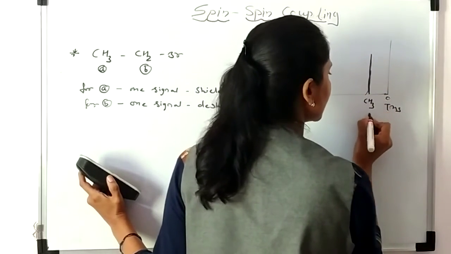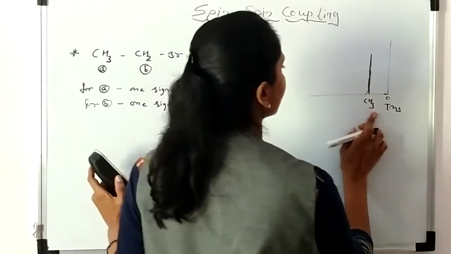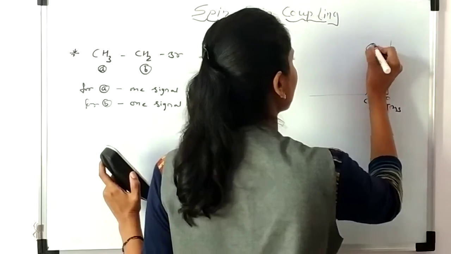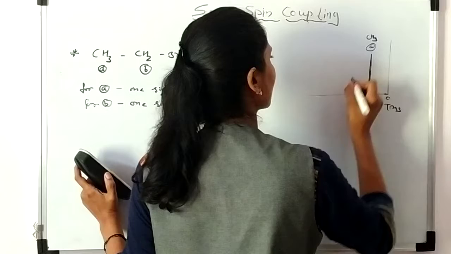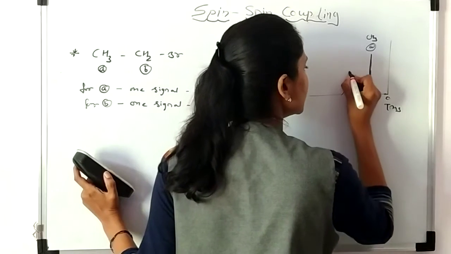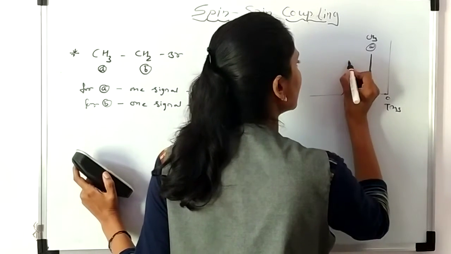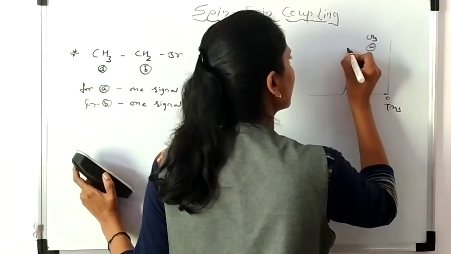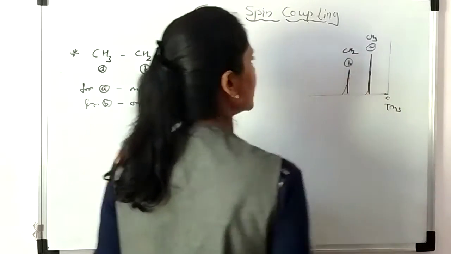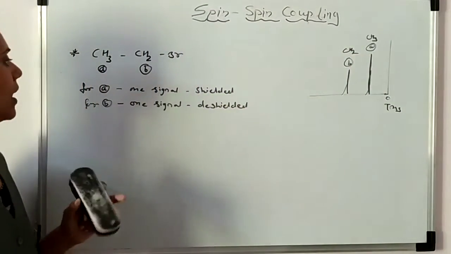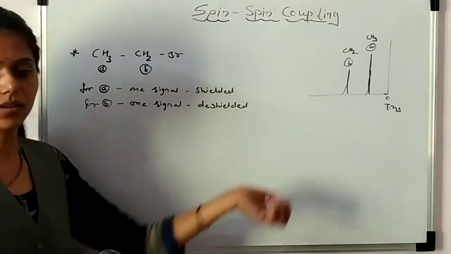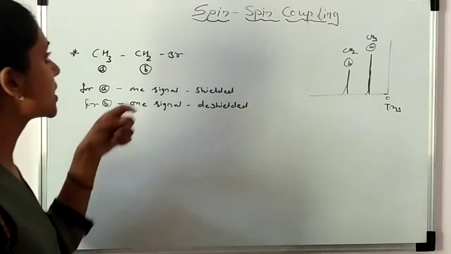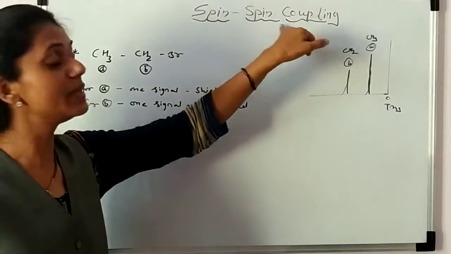Here we consider CH3, that is A. The next signal is of CH2, that means 2 protons are included, so we get the second signal, CH2. The third point is about intensity, which I have told you afterwards. Next and most important is spin-spin coupling.